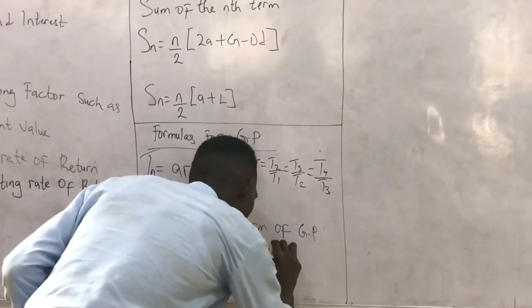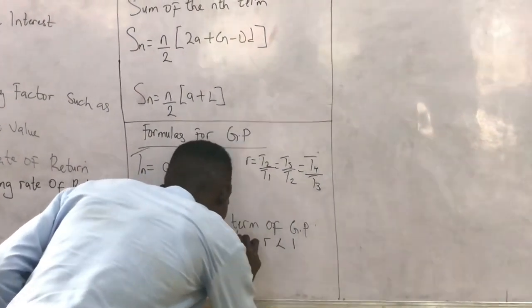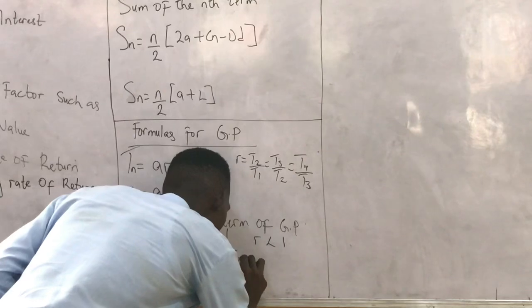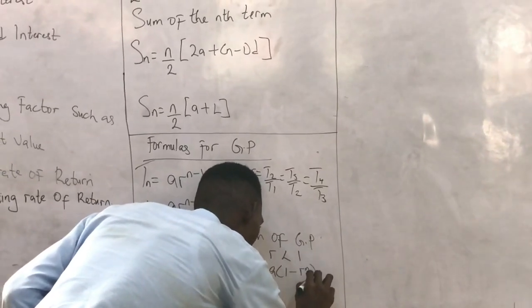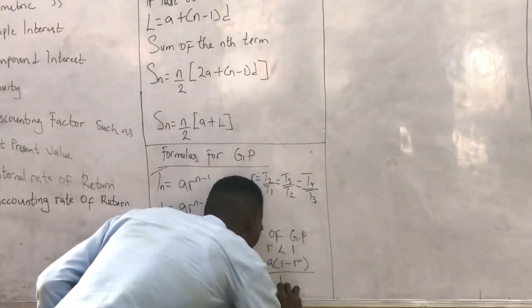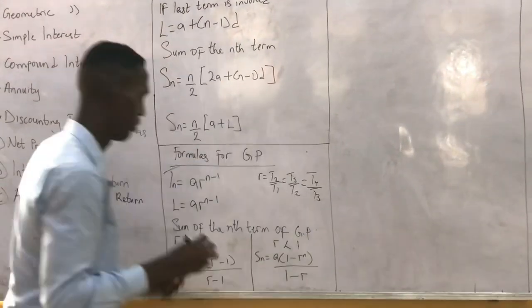But if your common ratio is less than 1, then your sum of the n terms equals a open bracket 1 minus r to the power of n close bracket over 1 minus r.